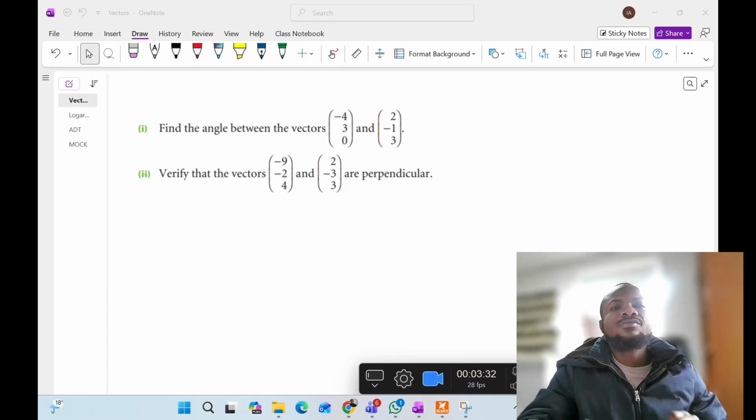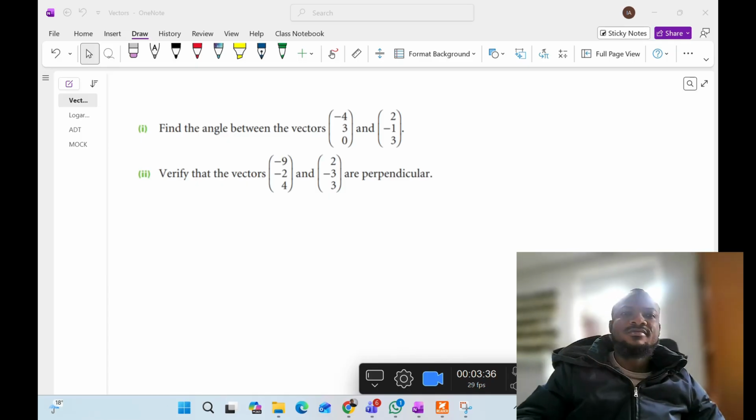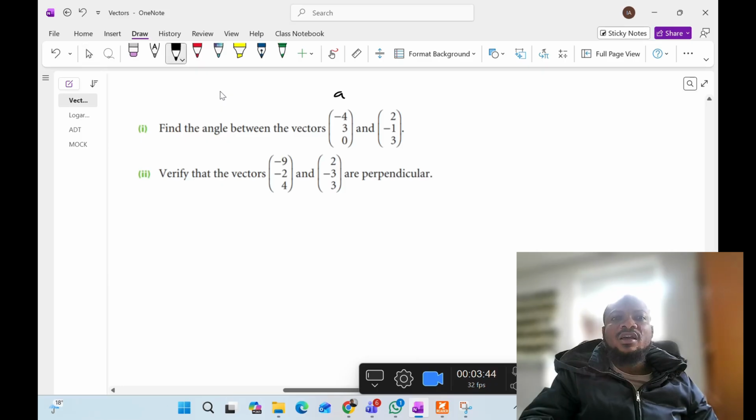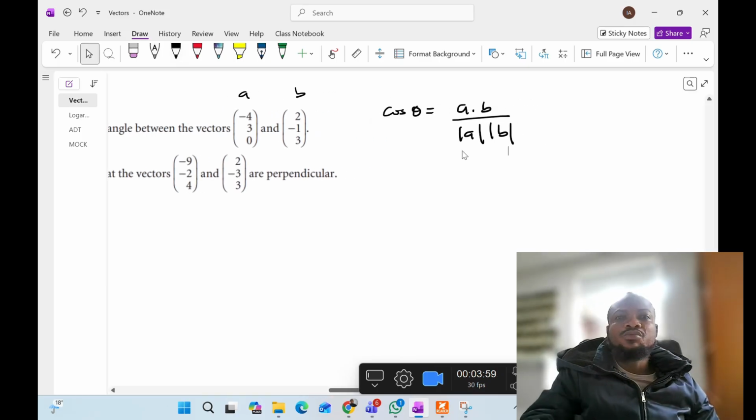The question states, find the angle between the vectors. So if this is A and this is B, we know that cos theta is equal to the scalar product of A and B over the absolute value of A times the absolute value of B. The first thing, let's find the scalar product.